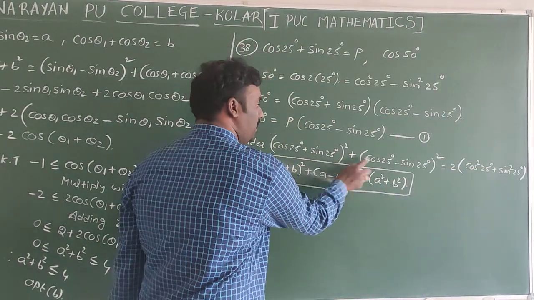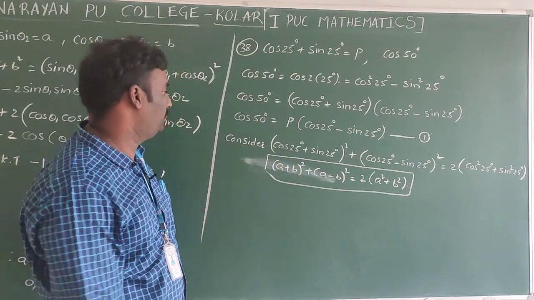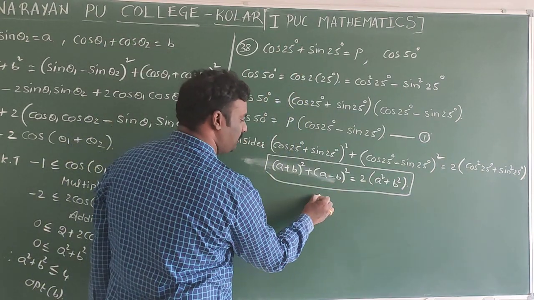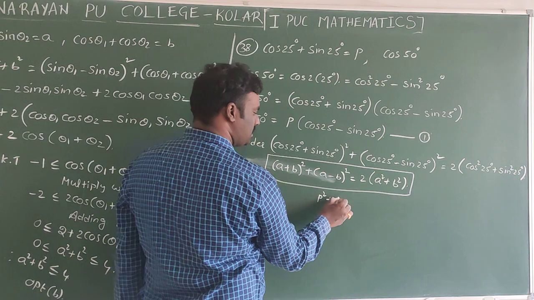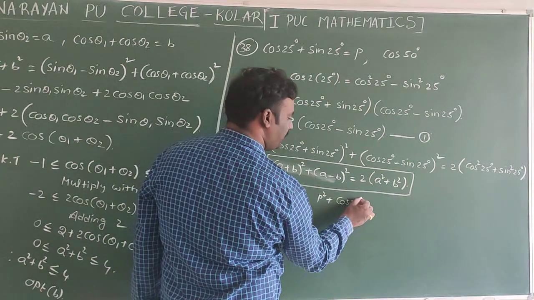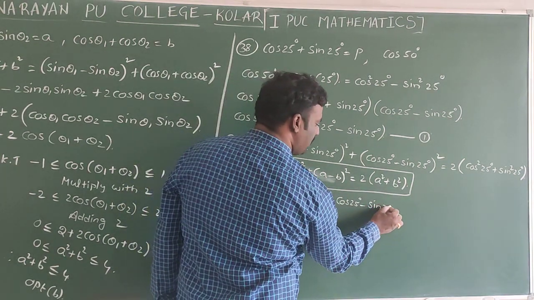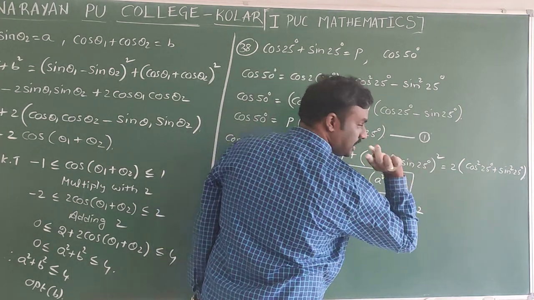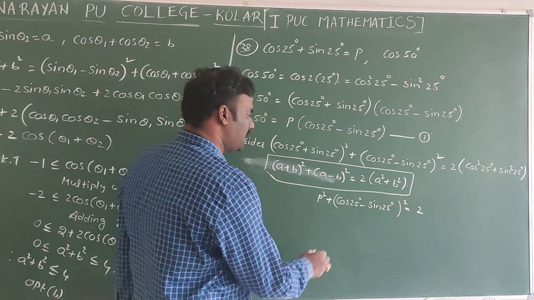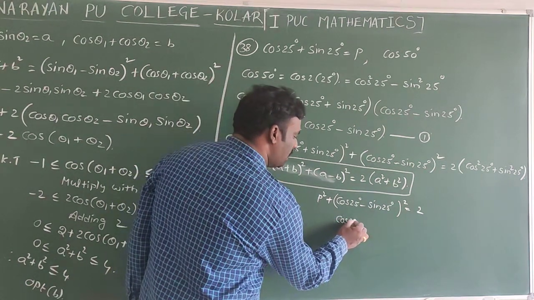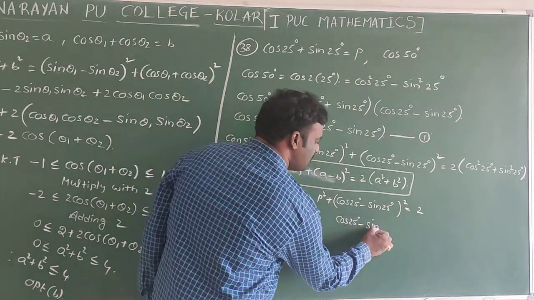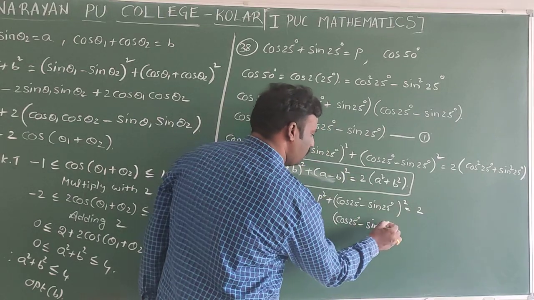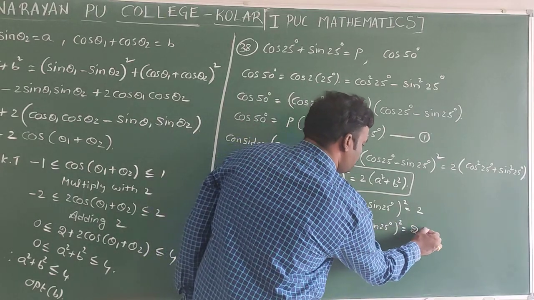In these two values, one value we already know. That is nothing but p square plus cos 25 minus sin 25 whole square is equal to 2 into this value, which is 1. So from this I can write cos 25 minus sin 25 whole square is nothing but 2 minus p square.